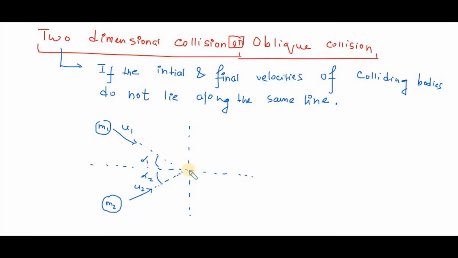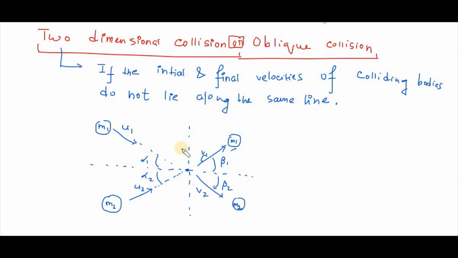Then they will collide at this point, and after that the first object is moving along this direction with velocity v1, and the second object m2 is moving along this direction with velocity v2, and the angles formed with respect to the horizontal are beta 1 and beta 2.